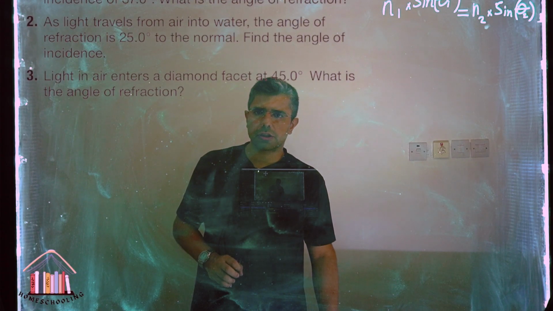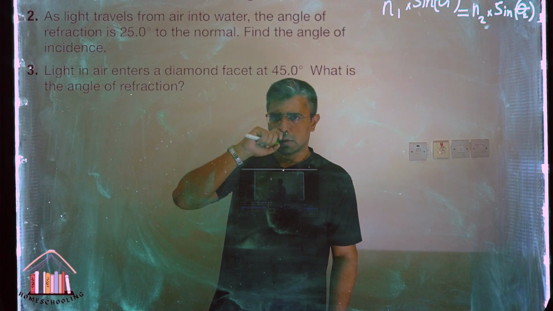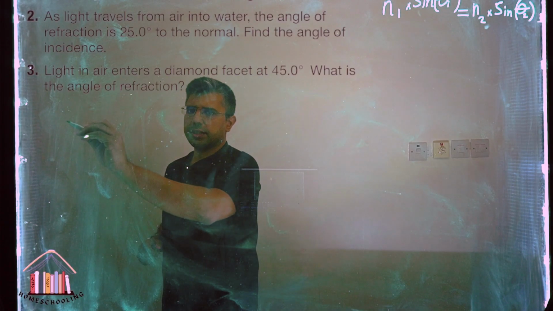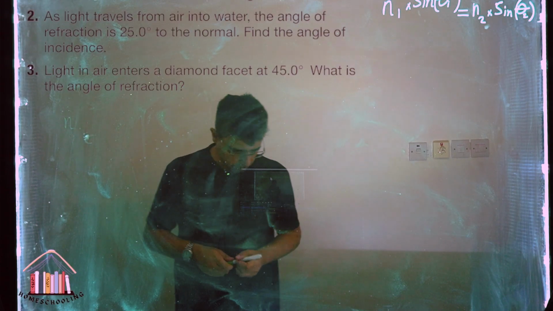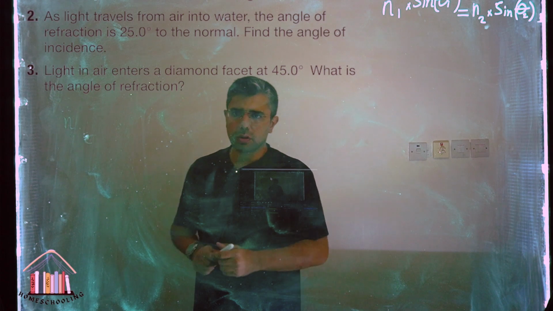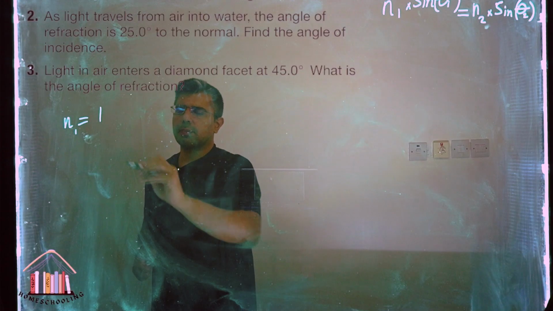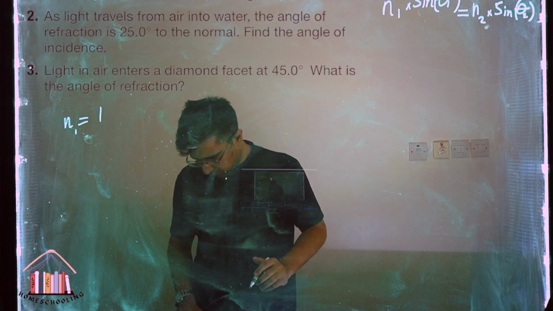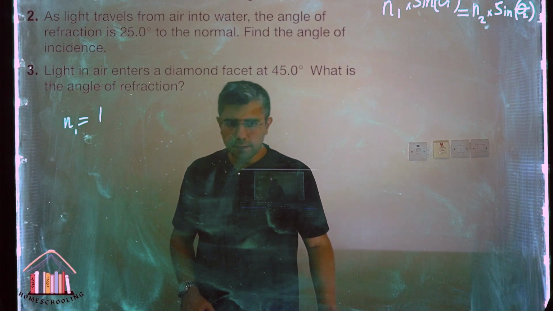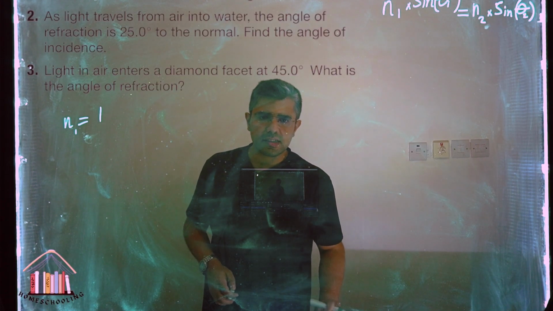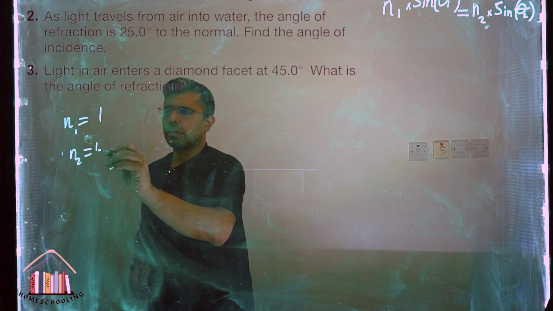As light travels from air into water, remember that n of the air, let's consider it's n1, is approximately equal to 1, and n of the water, if you refer back to the table, is equal to 1.33.